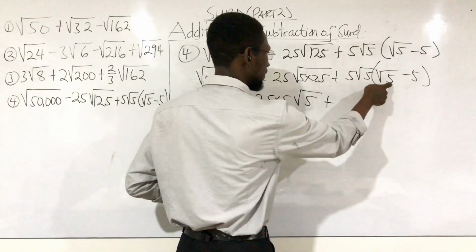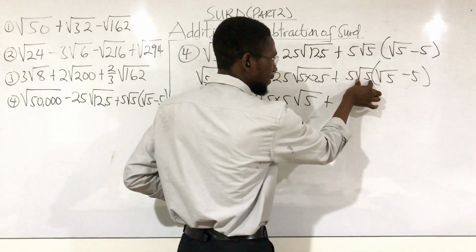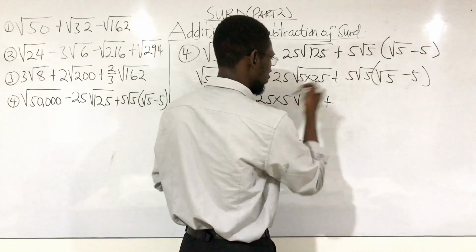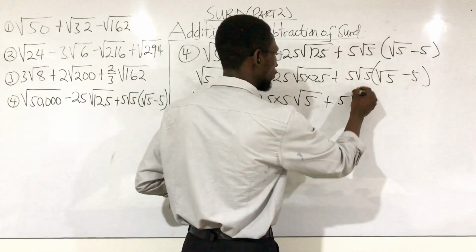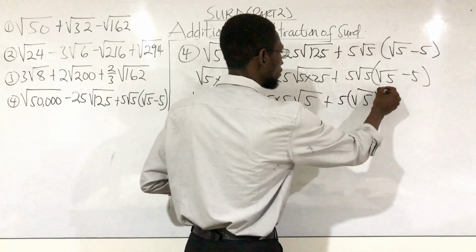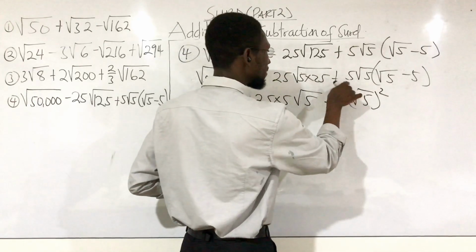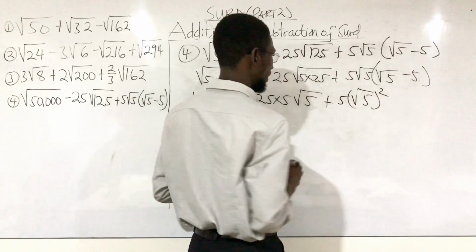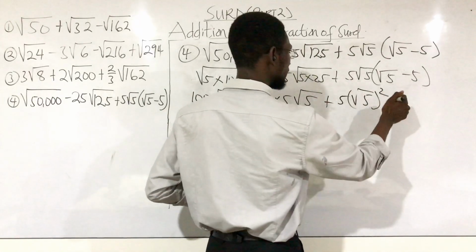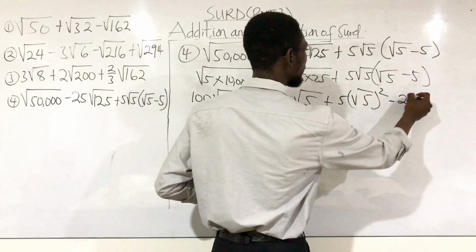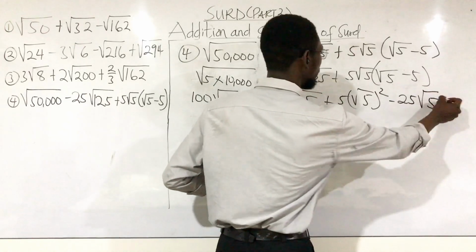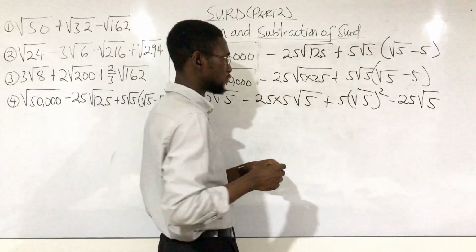So to multiply this by this, the square root multiplies the square root. So you have 5 root 5 squared. Then the number outside will multiply the number inside. So 5 by 5 gives us negative 25 root 5. I hope I'm not confused.